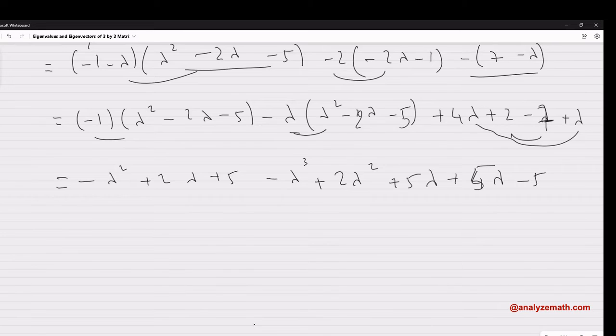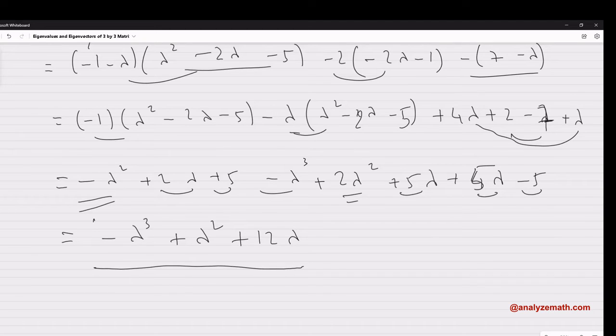Now we start grouping. I have the highest power, only one, with lambda cubed. Good. I have negative lambda squared plus 2 lambda squared, that gives me plus lambda squared. 2 lambda and 5 lambda and 5 lambda, that gives me 12 lambda. Plus 5, negative 5, 0. This is my determinant.